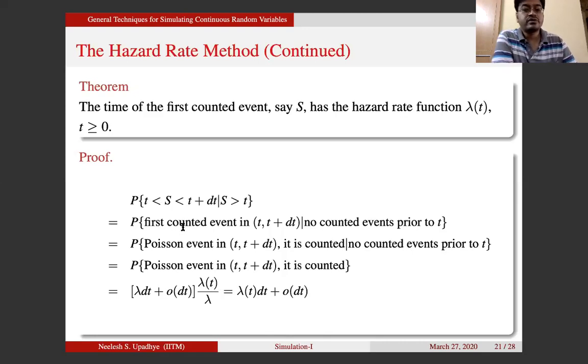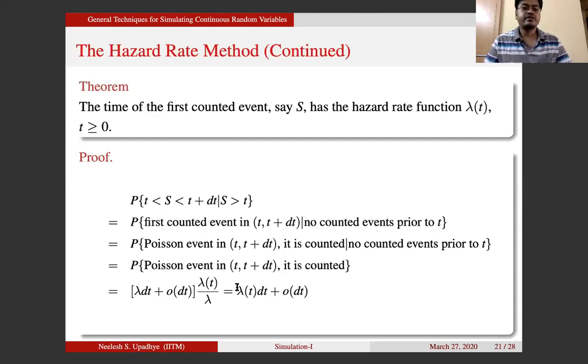Now, if I want to get lambda t, I have to take the limit as dt tends to 0. That essentially means the hazard rate function of this S is nothing but lambda t, because the term containing o(dt) will go to 0 as dt tends to 0.